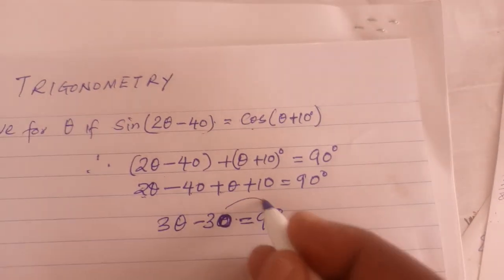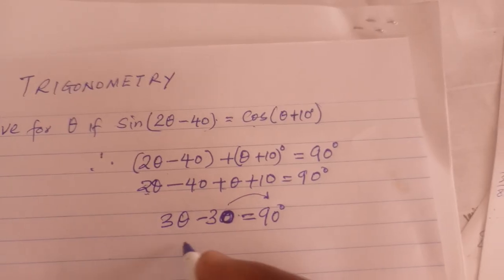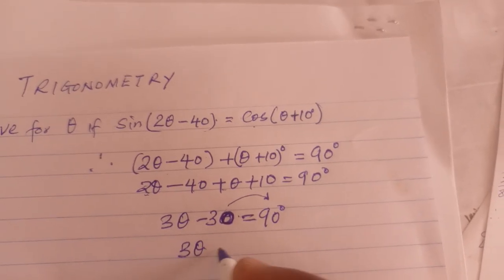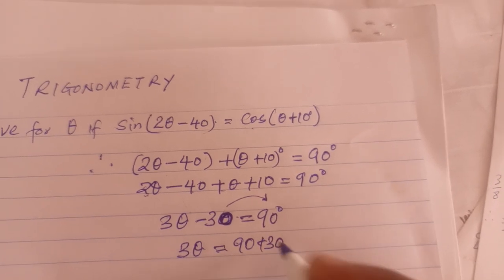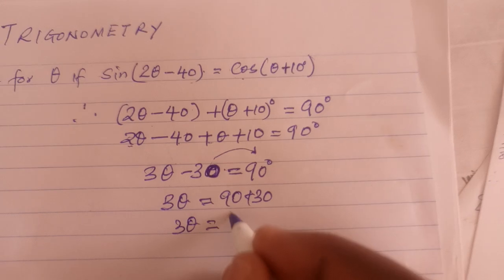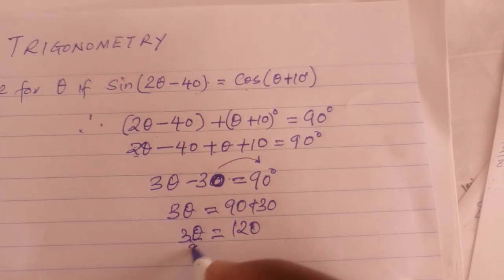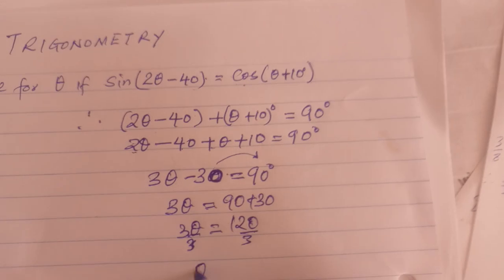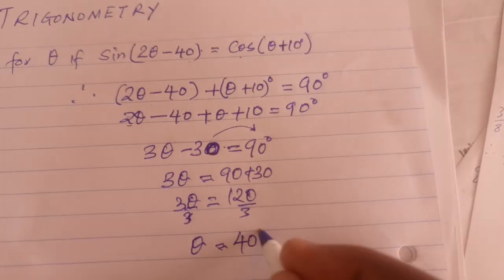Now when you add 30 to both sides, we'll have 3 theta is equal to 90 plus 30, and therefore our 3 theta is 120, and when you divide both sides by 3, theta is 40 degrees, and that is the solution.